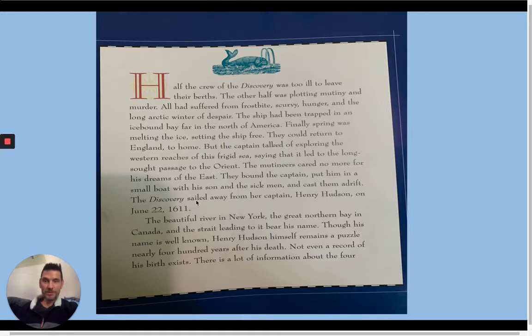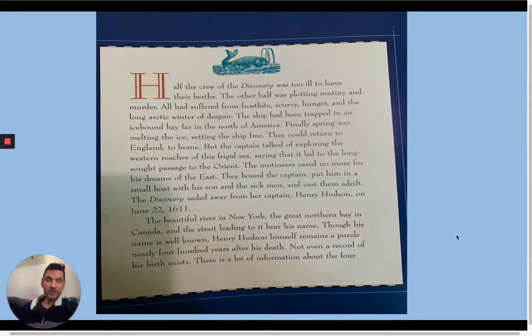The Discovery sailed away from her captain, Henry Hudson, on June 22nd, 1611. The beautiful river in New York, the great northern bay in Canada, and the strait leading to it bear his name. Though his name is well known, Henry Hudson himself remains a puzzle nearly 400 years after his death. Not even a record of his birth exists.